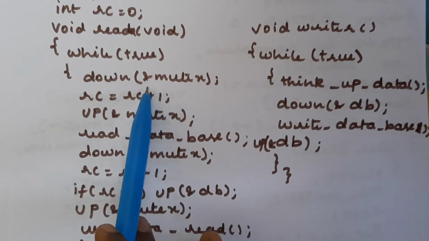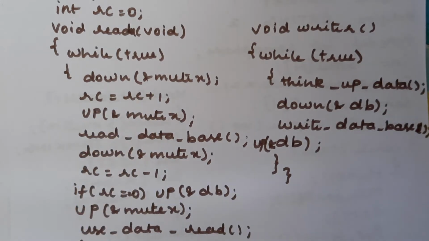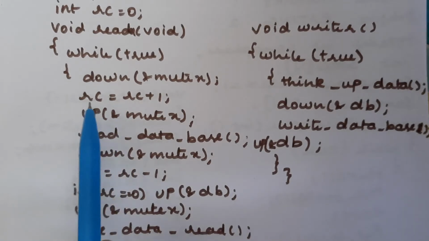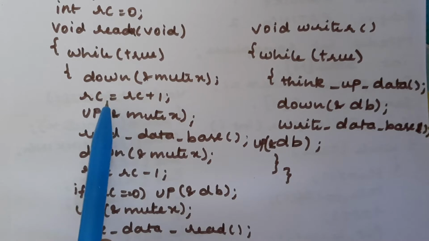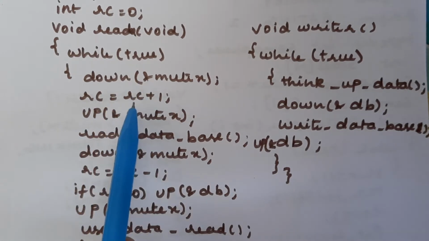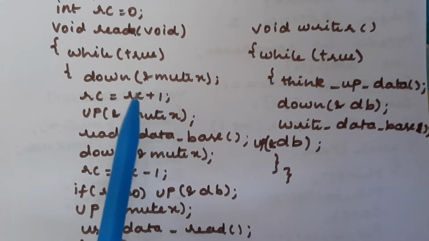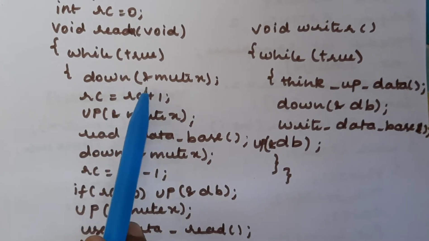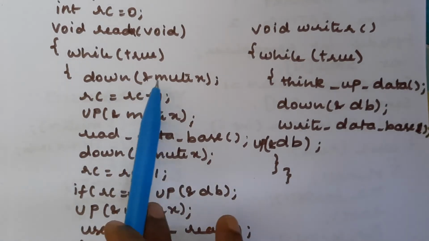Whenever a process wants to read that data, we have to increment the value of read count, and that is what we are doing. Initially the read count value is 0. When one process wants to read the common data, the read count value is incremented. It also has to check whether it is getting exclusive access to read count; that does not mean it is getting exclusive access to the database.